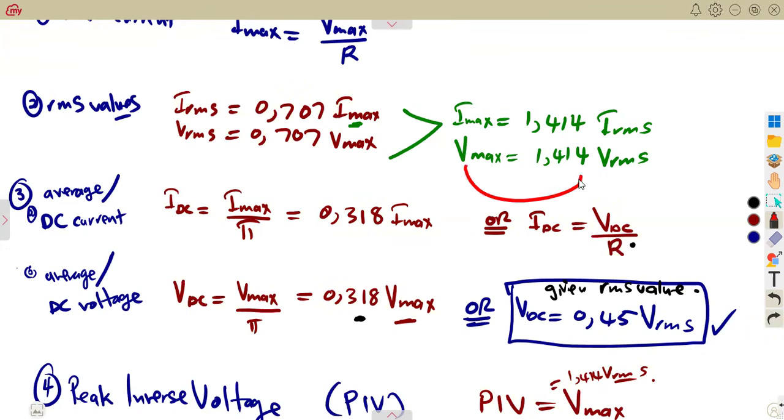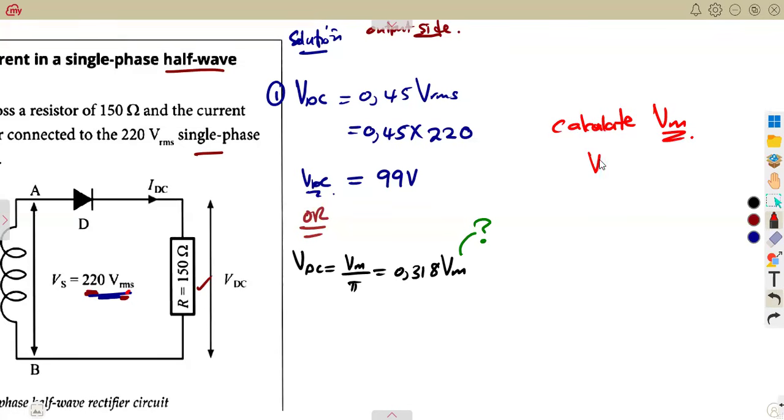Maximum values can be calculated as 1.414 times the RMS value. So you use 1.414, or the square root of 2, times the RMS value given on our diagram, 220.